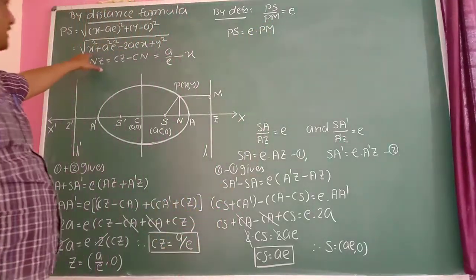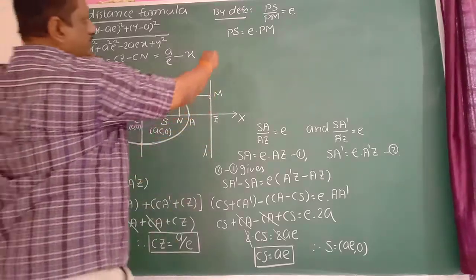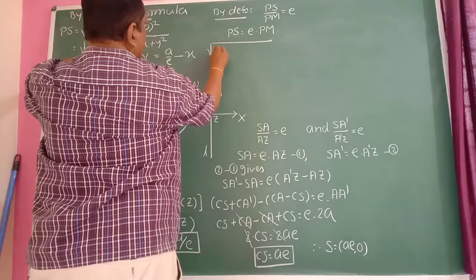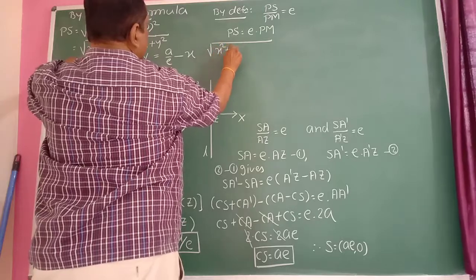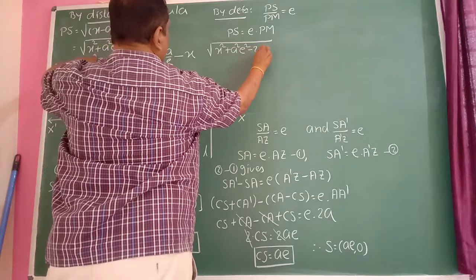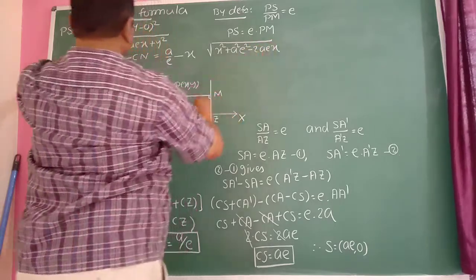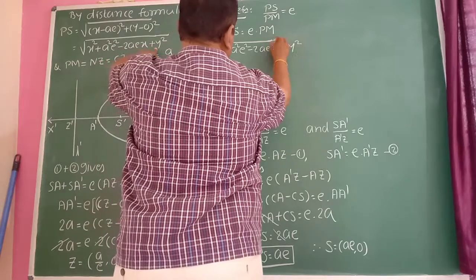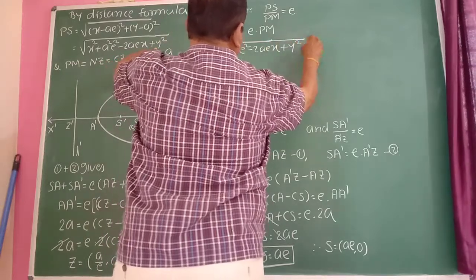But PS is this one. So use here the root of x square plus a square e square minus 2a e x plus y square is equal to e into PM.